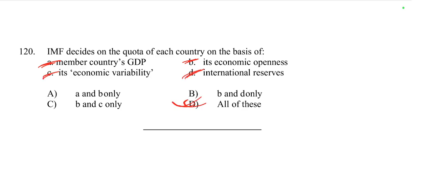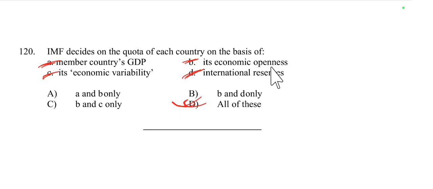All of the above are correct, because the IMF determines the quotas of each member country based on several factors, including the member country's GDP. The size of the economy is a key determinant of the country's quota. From the GDP we try to know the size of the economy. So it is also right.